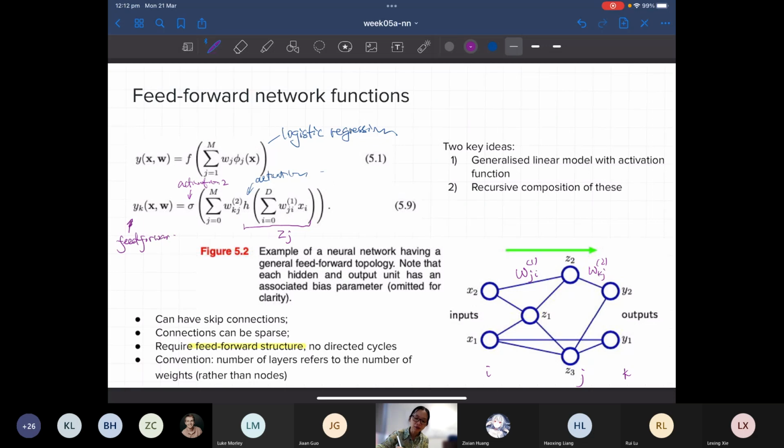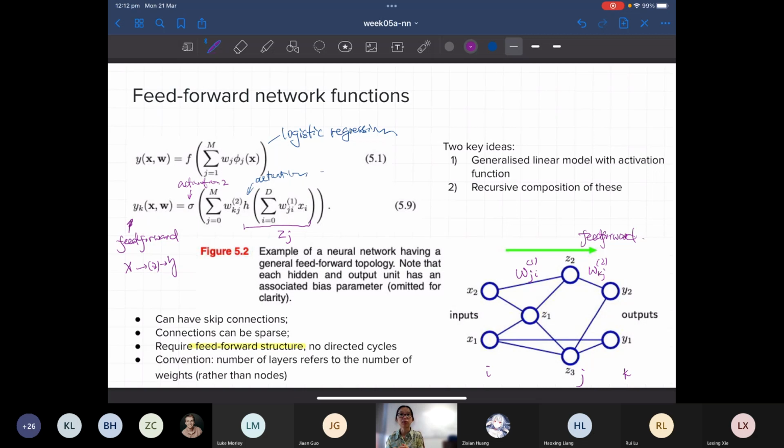It's called feed forward because the computation goes from the x's to the y's via the z's in the middle. I hope that helps. And the feed forward structure, or computational structure, is indicated in this plot using this green arrow.